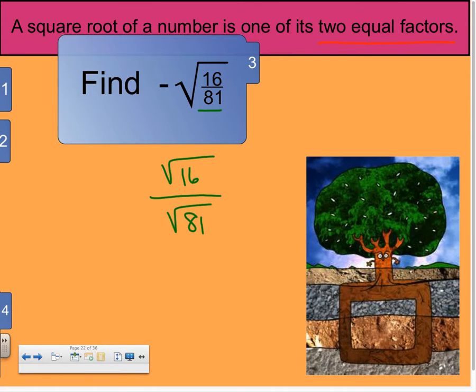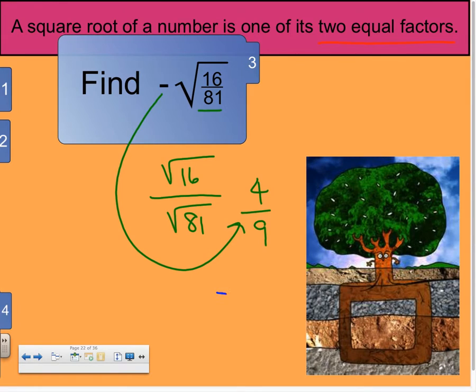Many students want to turn 16 over 81 into a decimal and then find the square root of that, and you usually end up with irrational numbers. This way, you get a nice, clean fraction. Now, the square root of 16 is 4. The square root of 81, as we already know, is 9. So our answer would be 4 over 9, but don't forget, I need this negative sign in the front.